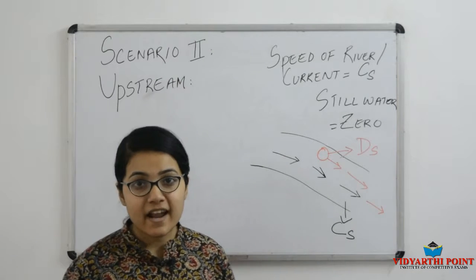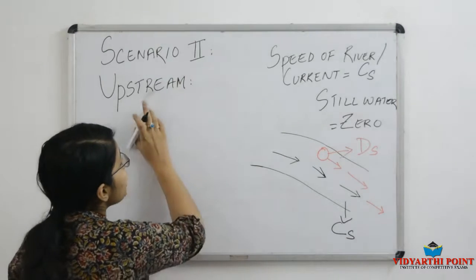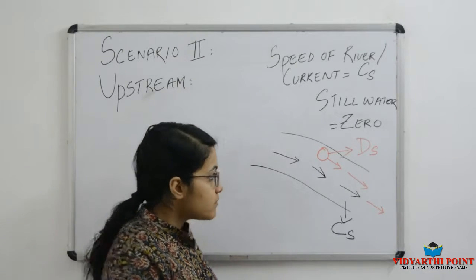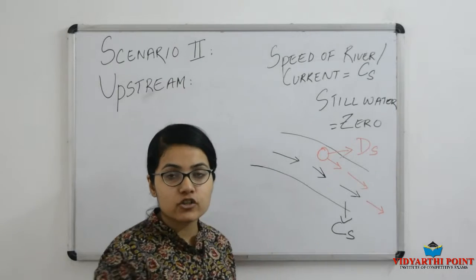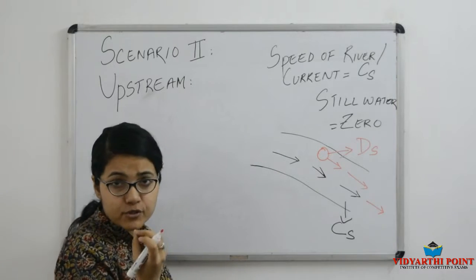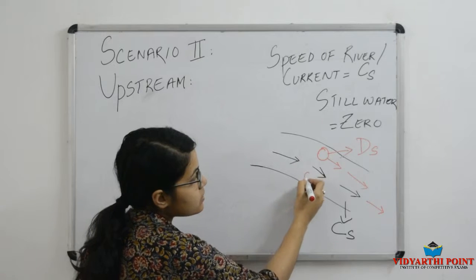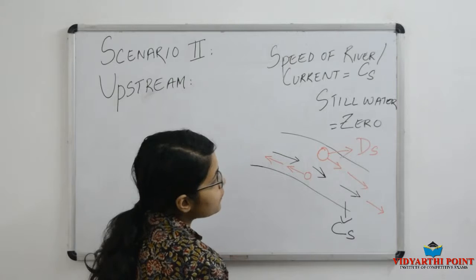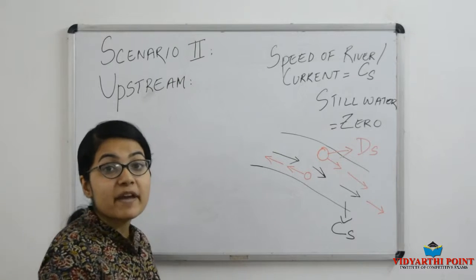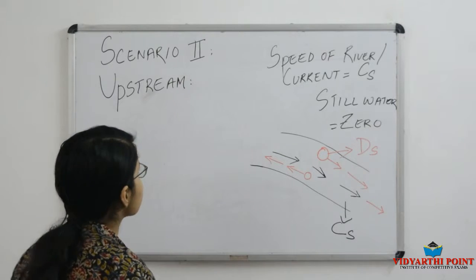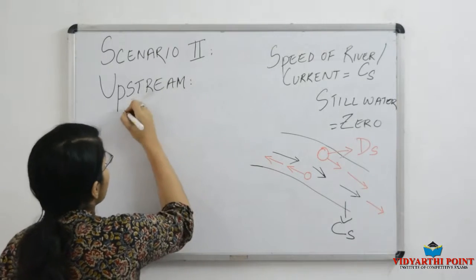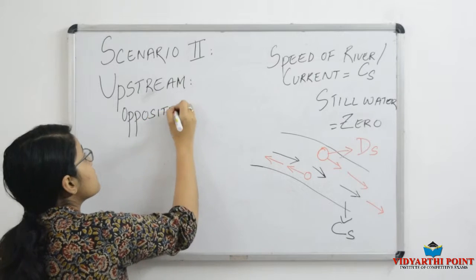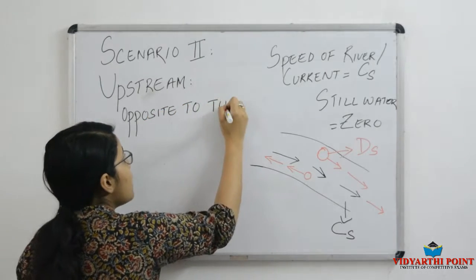Now let us look at scenario 2. Scenario 2 will be of upstream. Now we know that downstream means flowing along the direction of the river. What is upstream? Upstream means flowing opposite to the direction of the river. That is the major difference between downstream and upstream.